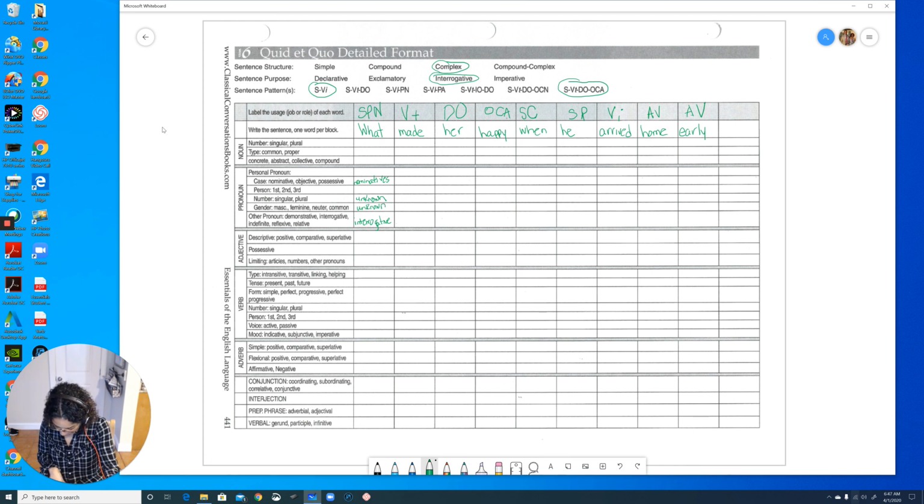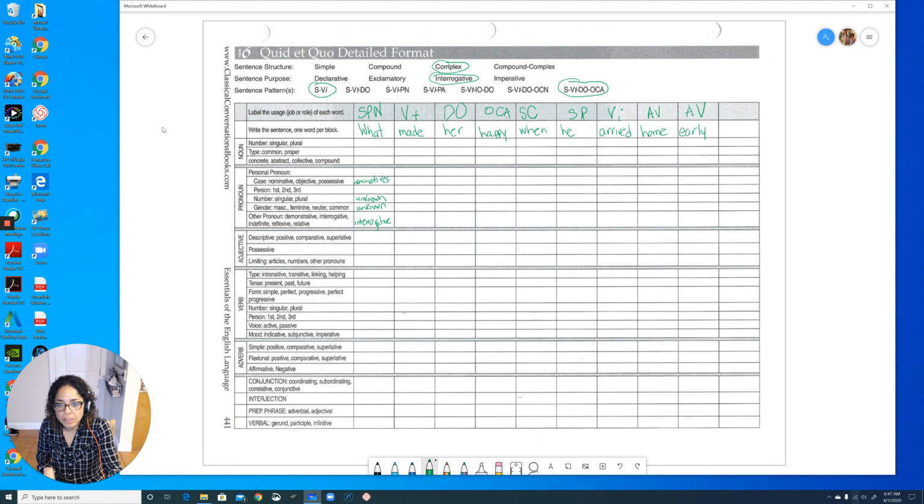Okay, very good. All right, so going to our next word, which is "made." Made is our verb. So we're going to go down to our verb section. So what type of verb is this? Good, it's transitive, right?